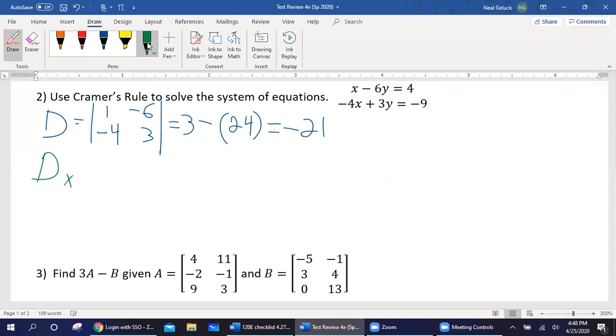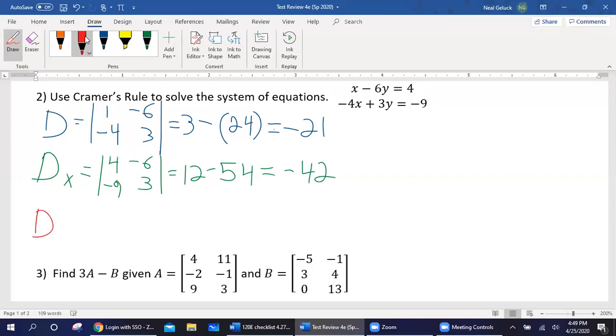Now I find d of x. Remember, that means I replace the x coefficients with the constants. So that's going to be 4, -9. The y coefficients stay what they were. This will end up giving me 12 minus 54, which is -42.